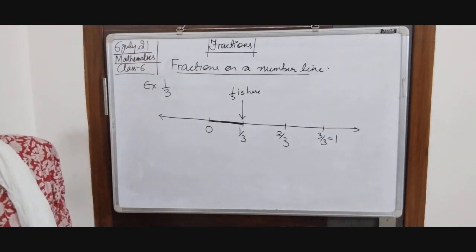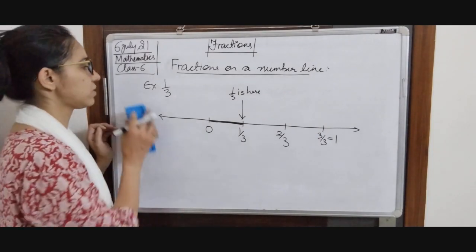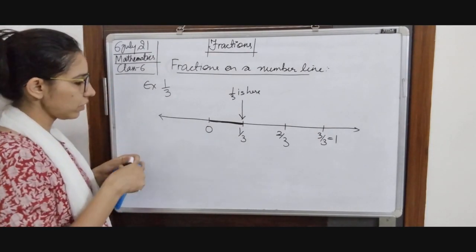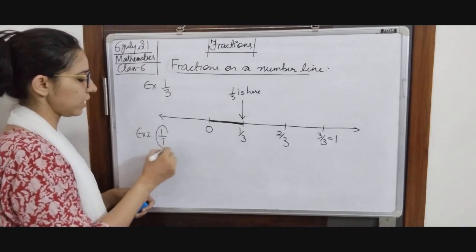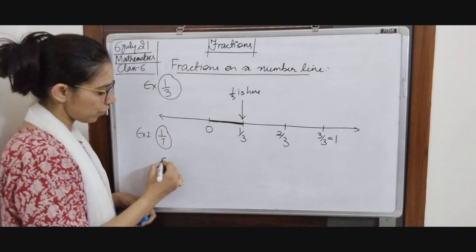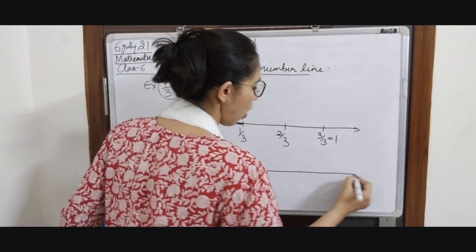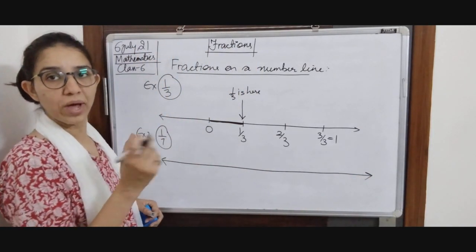Suppose next we have 1 by 7, okay? Example 2 is, we have to represent 1 by 7 on the number line. First we have to see in how many equal parts I should divide the part between 0 and 1.